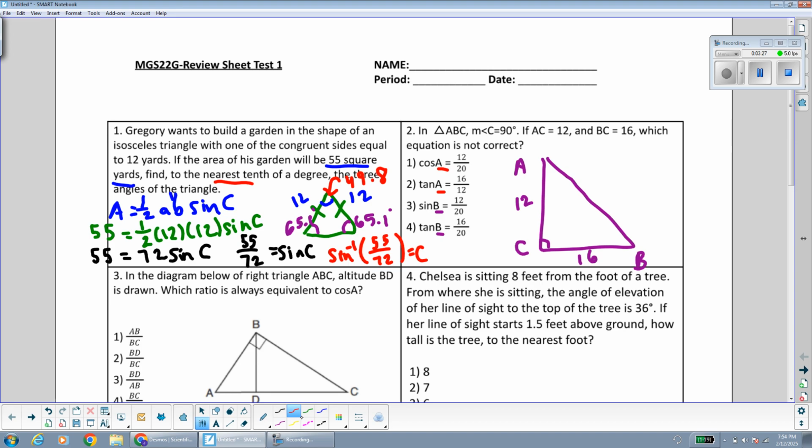So I'll start with the angle A's first. I'll see if any of them are not correct. And then I'll move on to the angle B. So first I'm going to start with the ones focusing on angle A. From angle A, we have opposite, we have adjacent, and we have hypotenuse. If we have 12 and 16, we can find what the hypotenuse is.